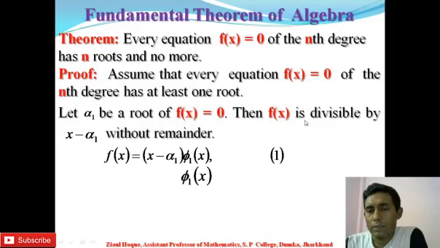Then f(x) is divisible by x minus alpha 1 without a remainder. Therefore, f(x) must be equal to x minus alpha 1 into phi 1x.